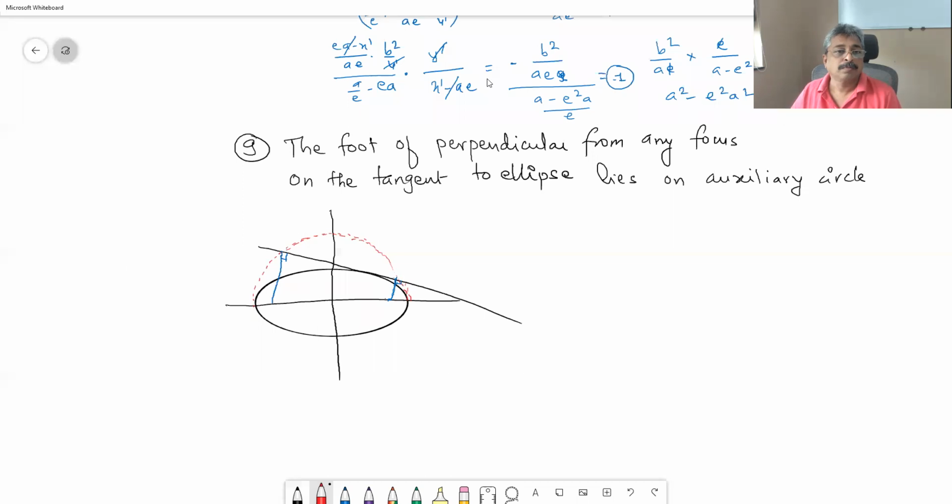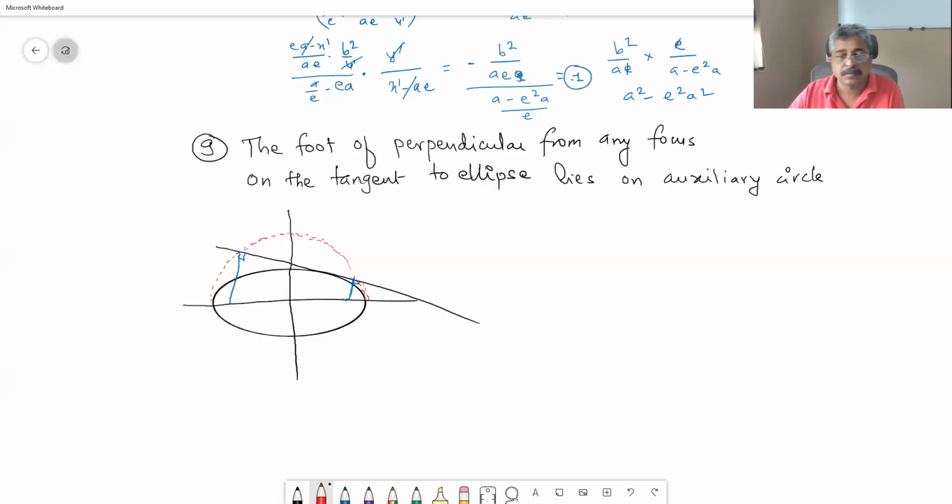Correct. Now, what setup and which particular equations are to be used is the key thing that is most important. Suppose this point is P.